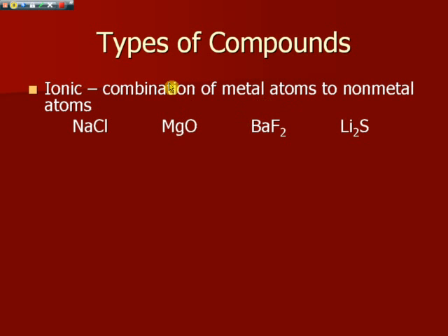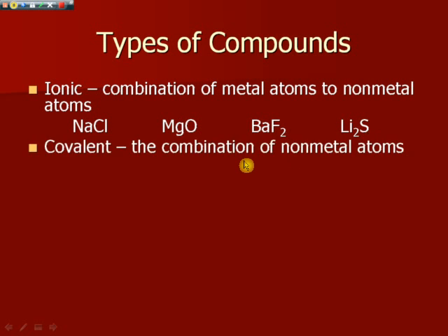Examples of this include NaCl, MgO, BaF2, and Li2S. In each of these cases, the first symbol represents a metal. Sodium, magnesium, barium, and lithium are all metals. And then the second symbol represents a non-metal, so chlorine, oxygen, fluorine, and sulfur.